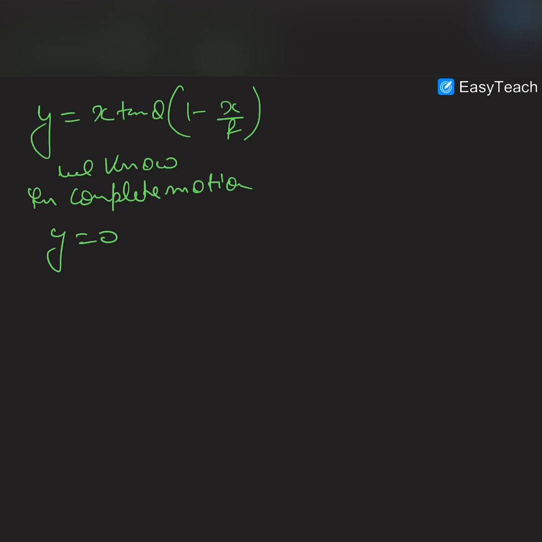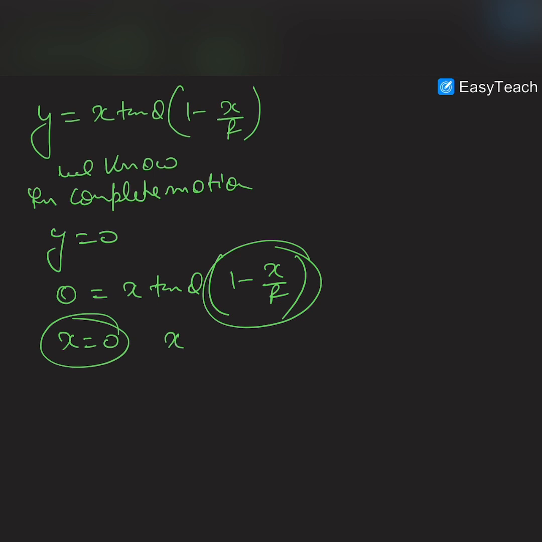So let us substitute y as 0, and therefore x tan theta into 1 minus x upon R is equal to 0. So you can see that x is equal to 0, and from equating this, we can say that x is equal to R. Okay, and this is the range.